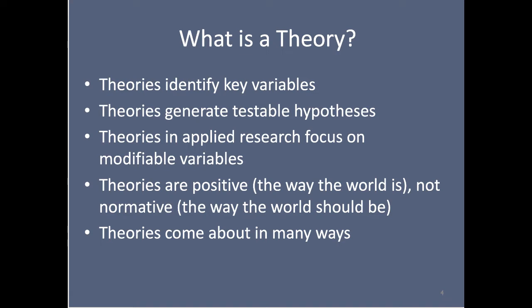And theories are also supposed to generate testable hypotheses. If our theory is true, this relationship should occur, and we can test it. In applied theory, our focus in this class, it tends to focus on modifiable variables, things that we could actually change with a different policy.